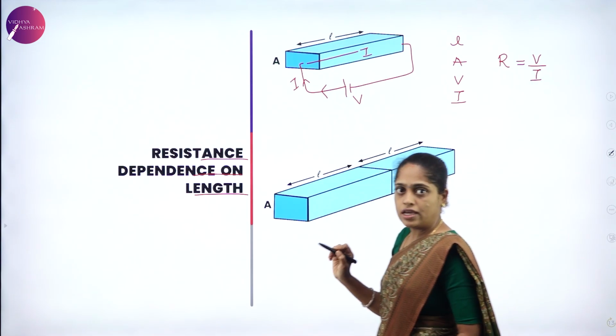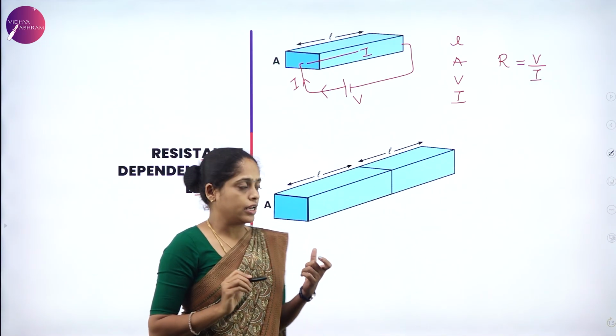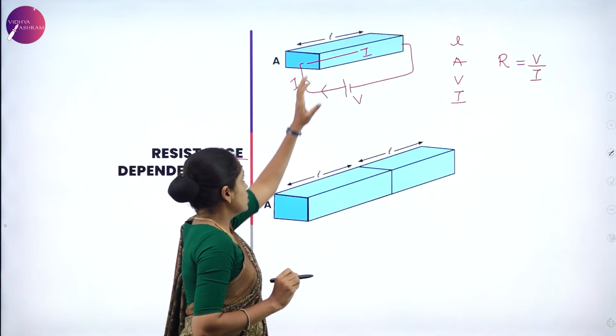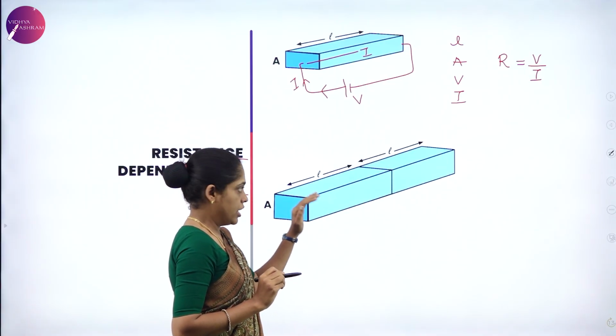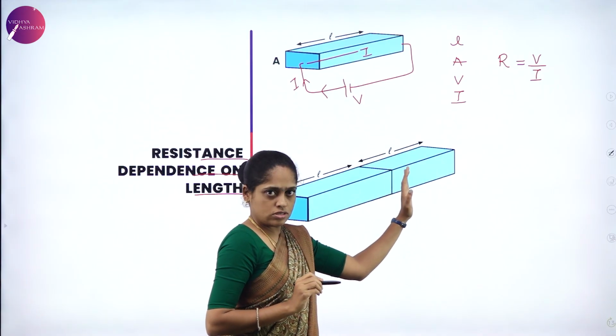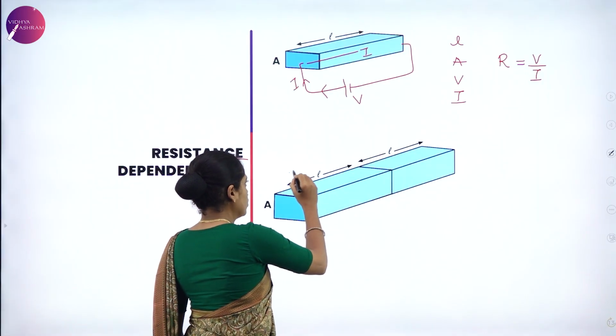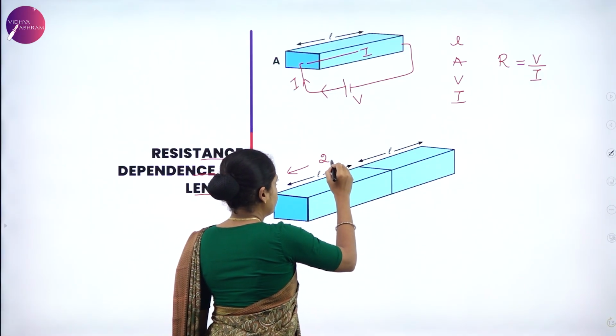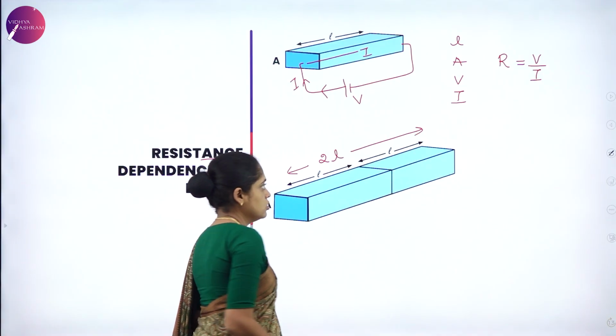To this conductor, let us place an identical conductor next to it. So now the length of the combination is 2L.